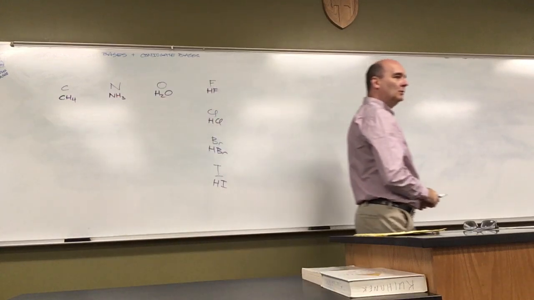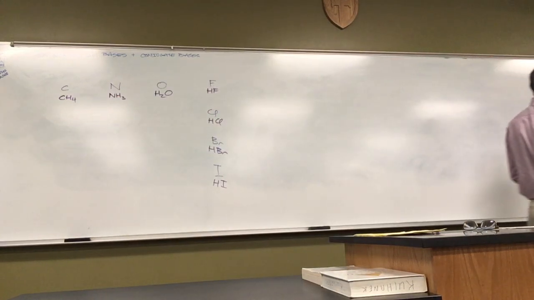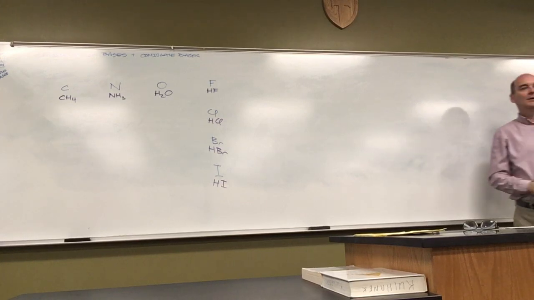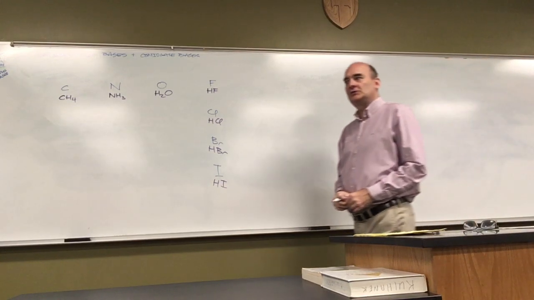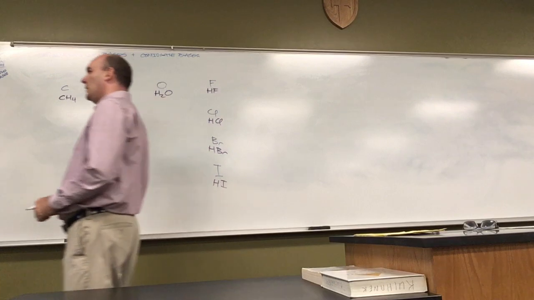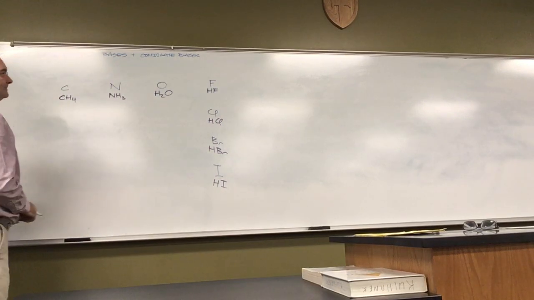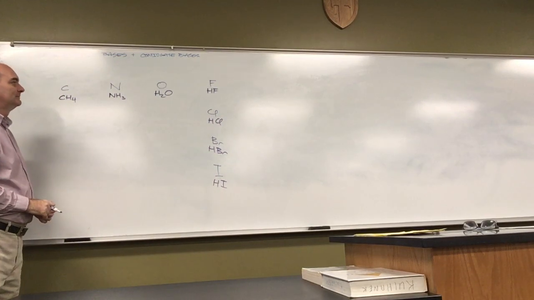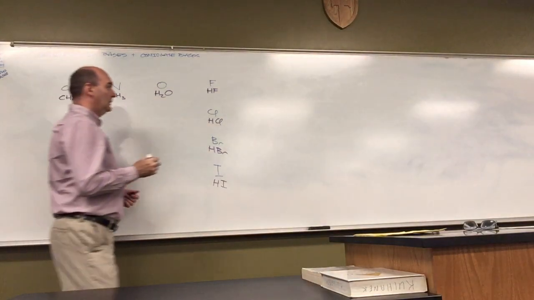Carbon's in group 4, has 4 valence electrons, unpaired, therefore always makes 4 bonds. Hydrogen's in group 1, could only make 1 bond. Okay. Here's what I know.